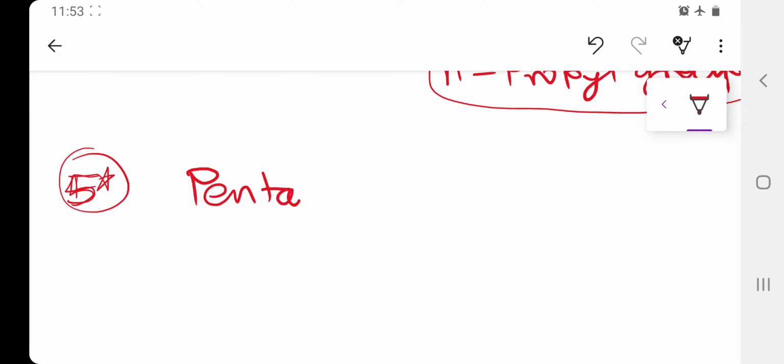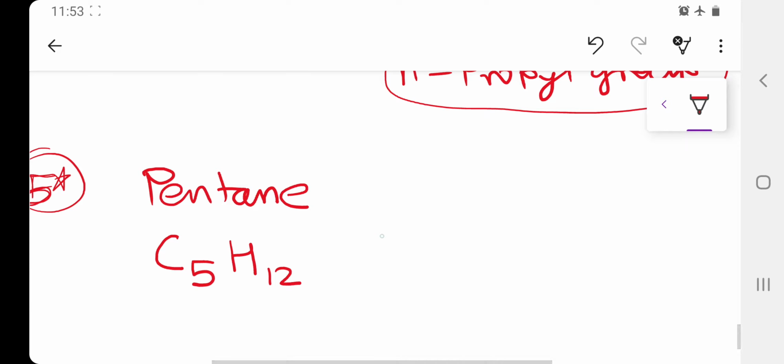Pentane, that means alkane with 5 carbon. So its formula will be like C5, then what? H12. If I write pentane structure again here, then it will be what? Straight chain like this.